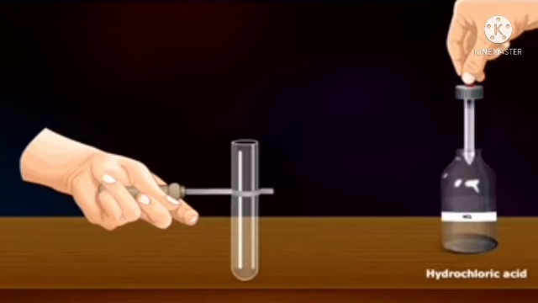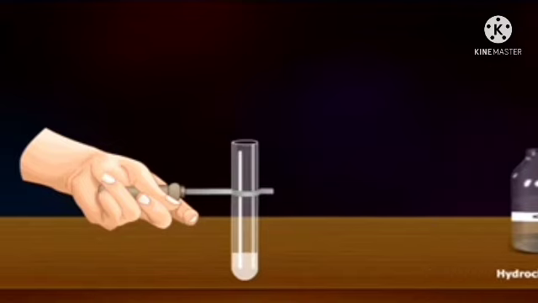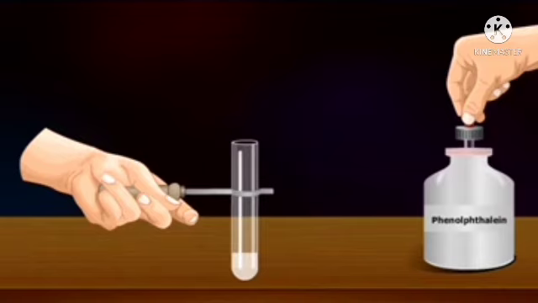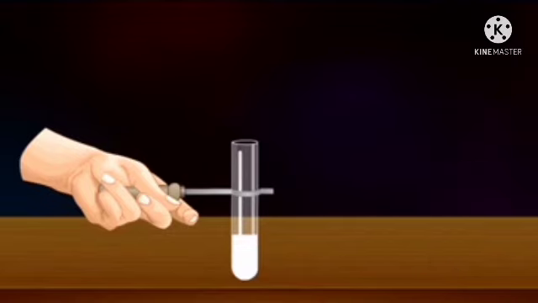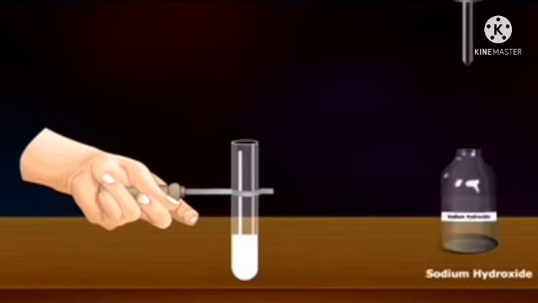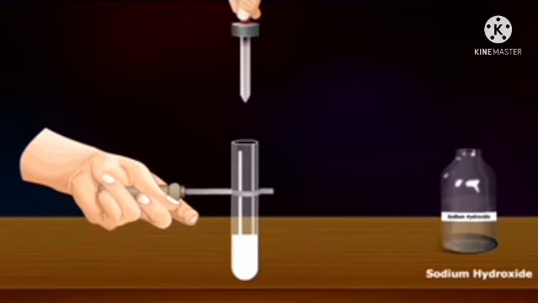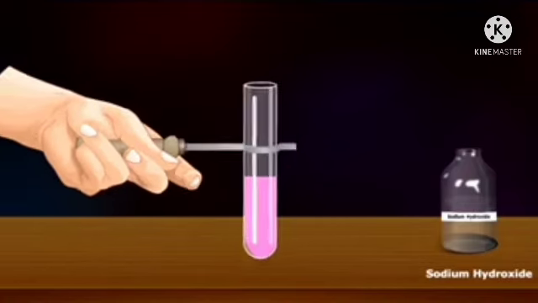What have we observed? In this activity, we observed that there is no change in the color of hydrochloric acid while adding phenolphthalein solution. The color of the solution in the test tube becomes pink by adding sodium hydroxide solution drop by drop.